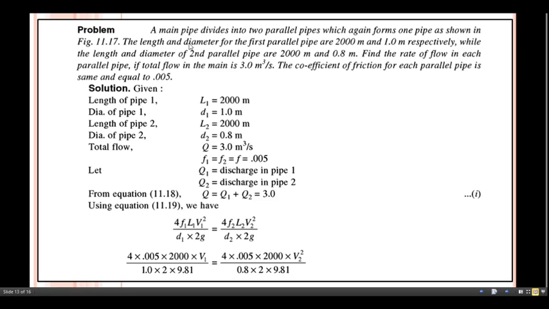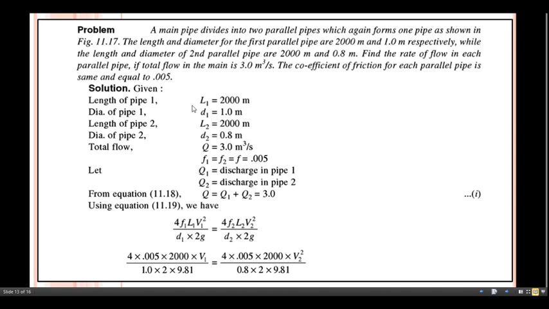The length and diameter of the first parallel pipe are 2000 meters and 1 meter respectively, while the length and diameter of the second parallel pipe are 2000 meters and 0.8 meter. Find the rate of flow in each parallel pipe if the total flow in the main pipe is 3 meter cube per second. The coefficient of friction for each parallel pipe is the same and equal to 0.005.